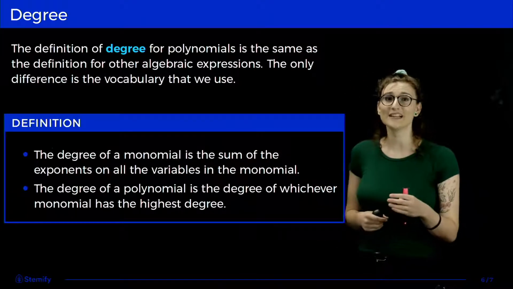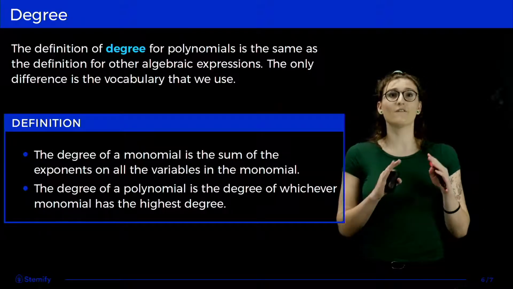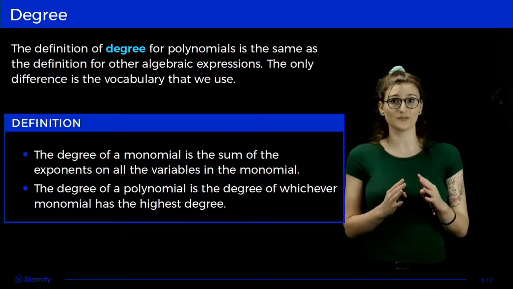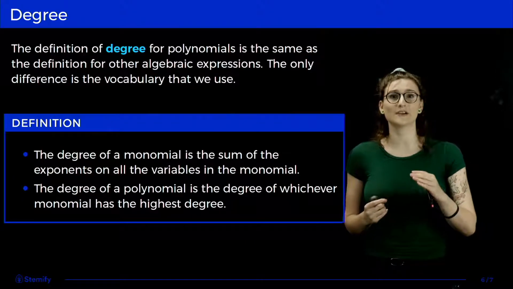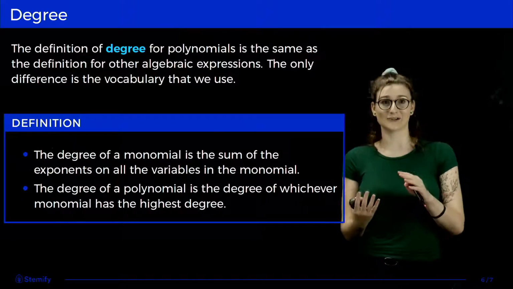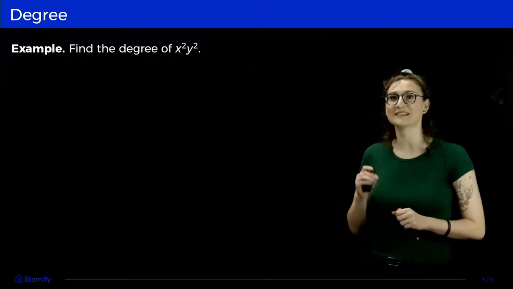All right, so the degree of a monomial is going to be the sum of the exponents on each variable in a monomial, and the degree of a polynomial is going to be the degree of the highest degree monomial. All right, so that'll make a little bit more sense once we get into some examples.